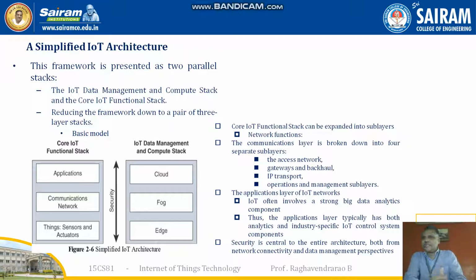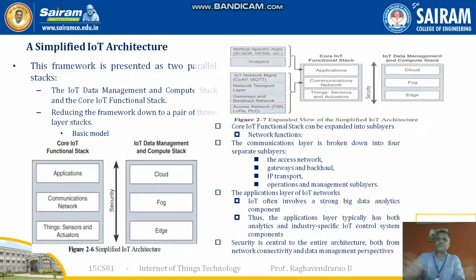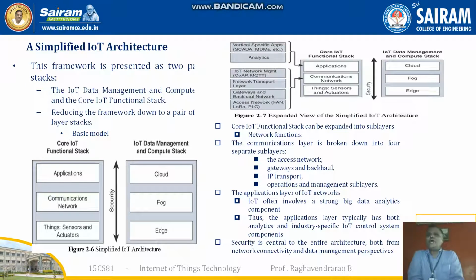It is the central part of the entire architecture, from both the network connectivity and the data management scope. This is the extended view of the simplified IoT architecture, where the application layers are similar, there is no change in that, but the communication layer is split again.